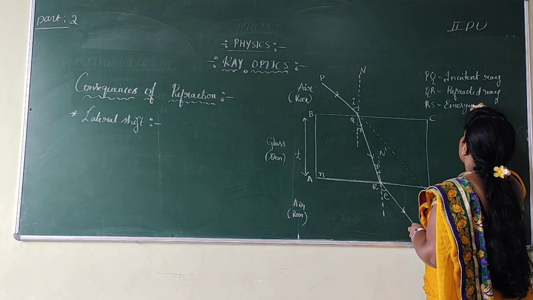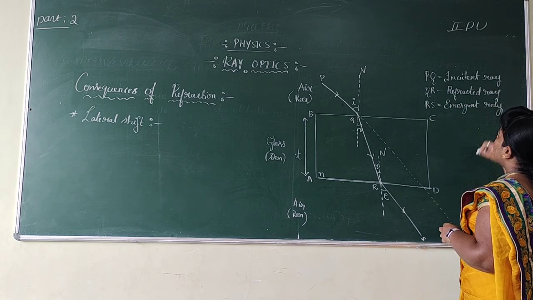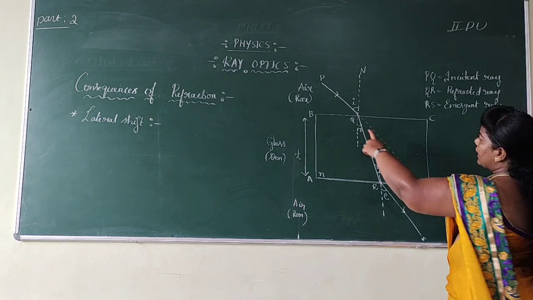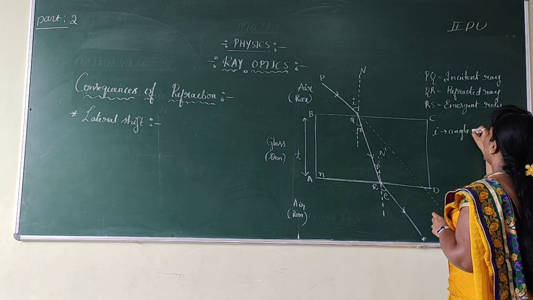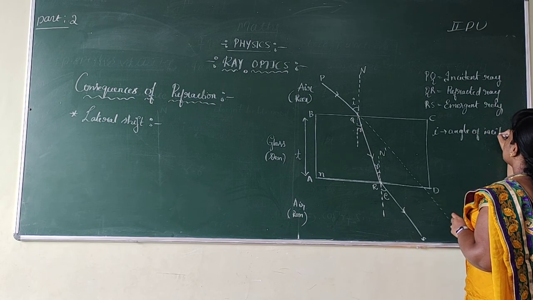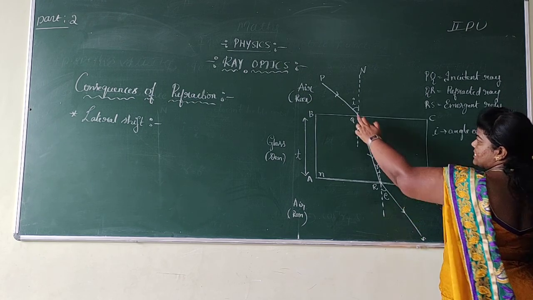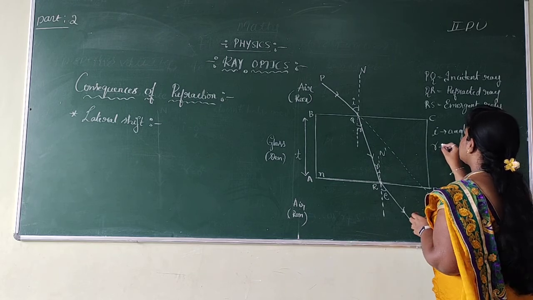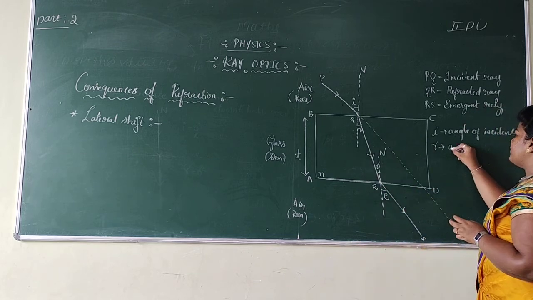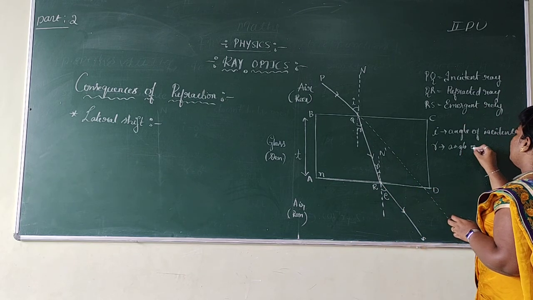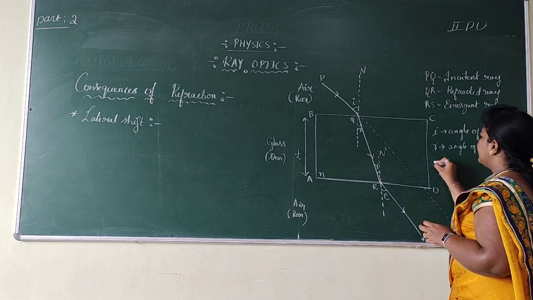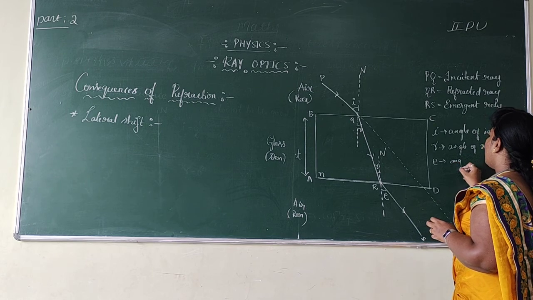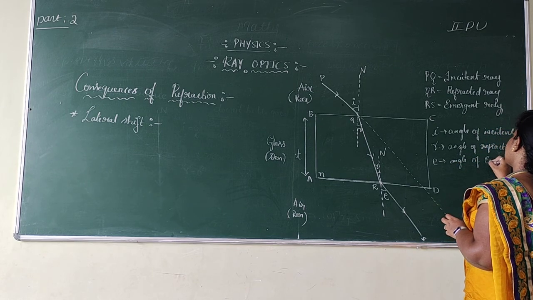I is the angle of incidence for the first surface, R is the angle of refraction, and E is the angle of emergence.